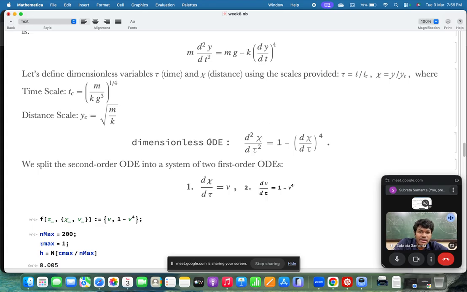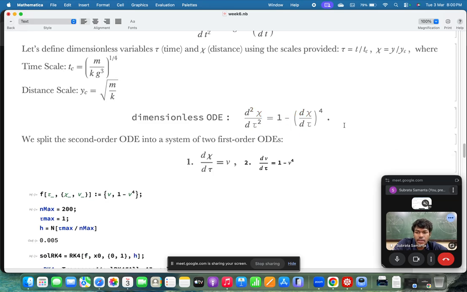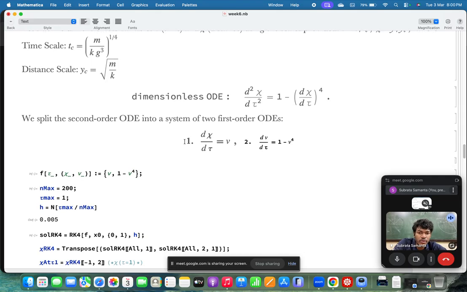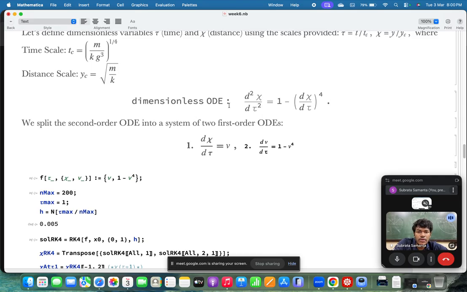And the dimensionless ODE is in terms of chi and tau. So, this is my equation: d2 chi d tau 2 equals 1 minus (d chi d tau) to the power 4. And we split the second order ODE into first order ODEs as before, so a system of first order ODEs, and we solve these equations.